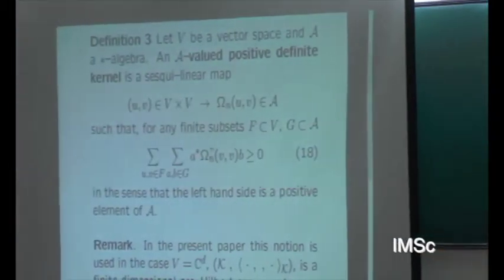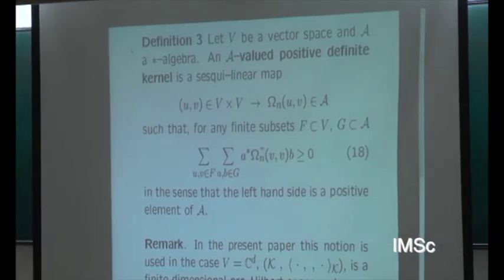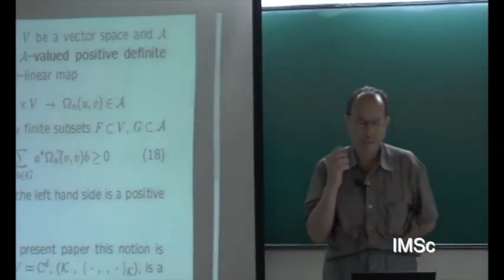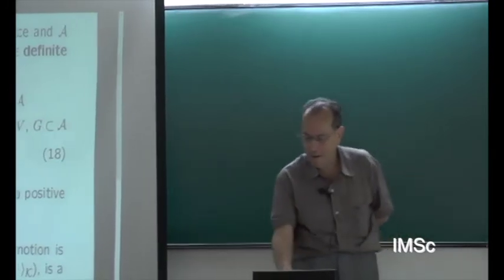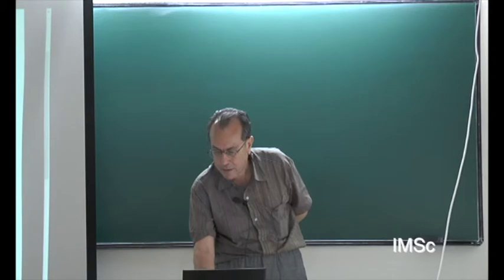We used this kind of construction very much in the stochastic limit, but it is an operator generalization of the positive definite kernels, which are well known. And in fact, they are well known when you study Hilbert modules, because you can, in some sense, prove that Hilbert modules are in one-to-one correspondence with positive definite kernels.